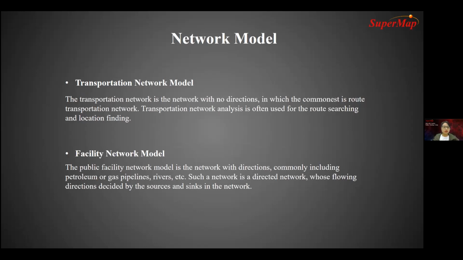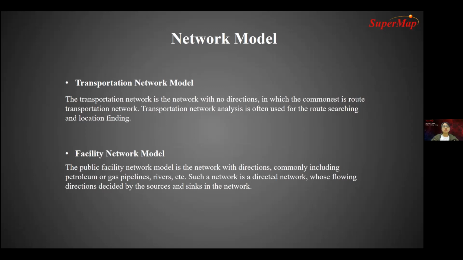The facility network model is the network with directions, commonly including petroleum or gas pipelines, rivers, and others. Such a network is a directed network, whose flowing directions are decided by the sources and sinks in the network.